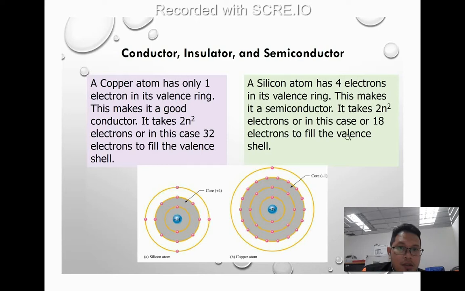In this case, it needs 18 electrons to fill the valence shell, compared to the first one where there is only 1 electron. So, between the conductor and the semiconductor, we need more additional electrons to fill in for the semiconductor.